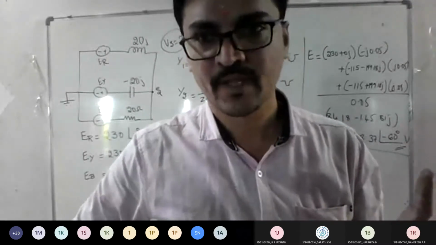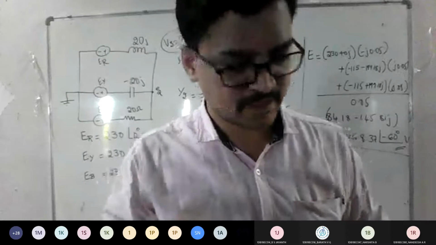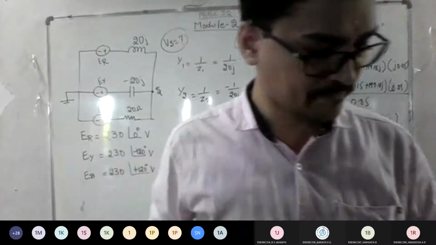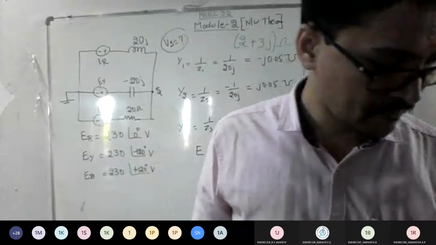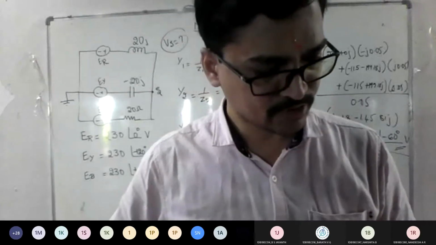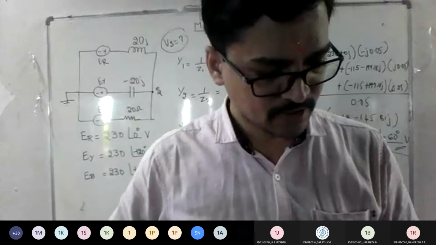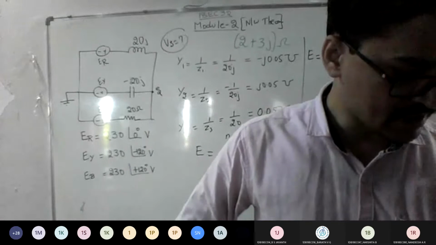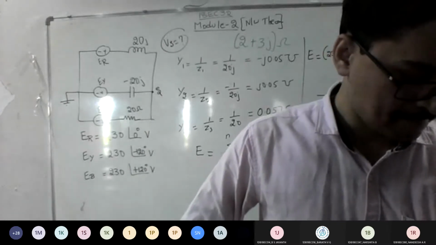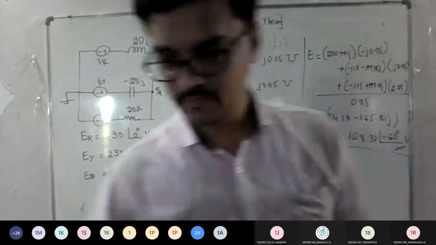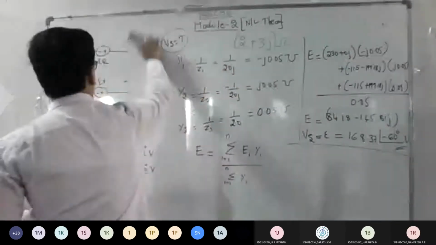State Millman's theorem, and using the same, calculate the current through the load in the circuit shown below. Okay, write the question.